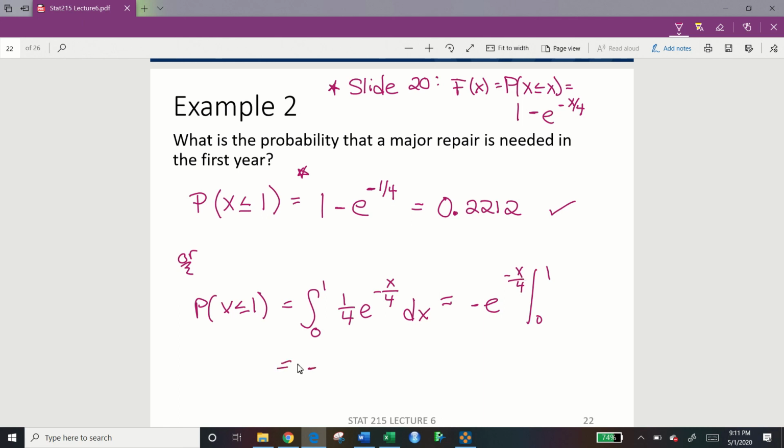Plugging in, this would be negative e to the negative 1/4 minus negative e to the 0, which would equal 1 minus e to the negative 1/4, which equals 0.2212. So either way, we're going to come up with the same result. There are just ways we can go about it faster, but ultimately, it's going to be up to you.